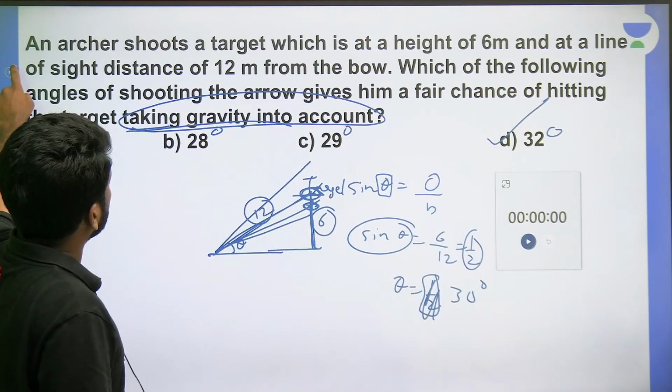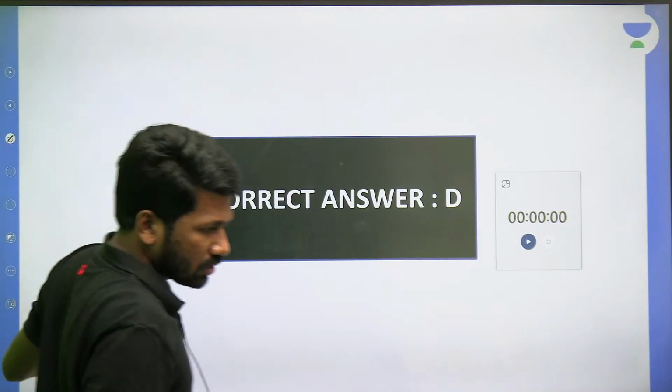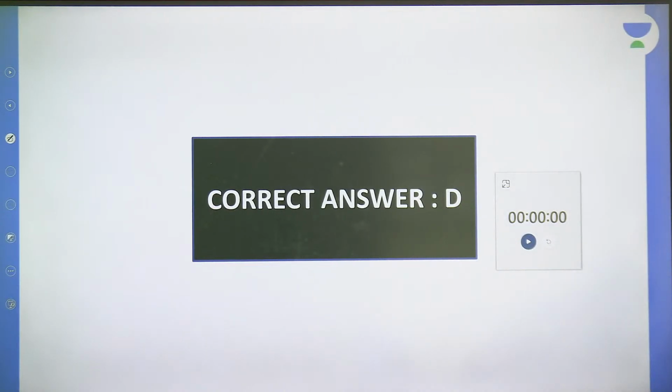Just a minute, let me check one thing. Sorry, actually this was asked in September 2022. By mistake I have shown this question. We have already discussed it in the September 2022 paper, so we should not repeat it.